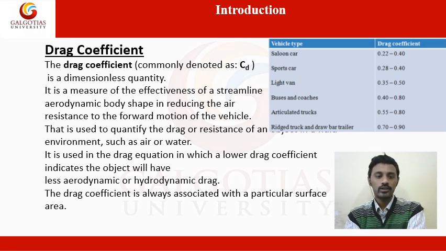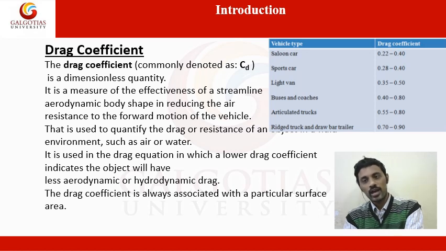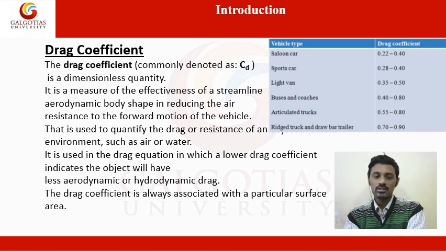For articulated trucks, it is 0.55 to 0.8. For rigid trucks and drawbar trailers, it is 0.7 to 0.9. So the drag coefficient varies because it is always associated with a particular surface area, and the surface area of all these kinds of vehicles is different, hence the drag coefficient is also different. The main purpose of the drag coefficient is to quantify the drag or resistance of an object in a fluid environment such as air or water.